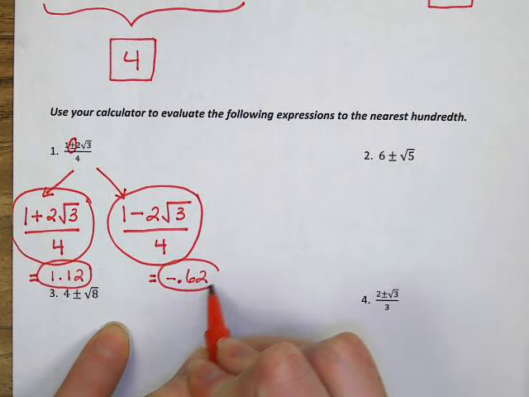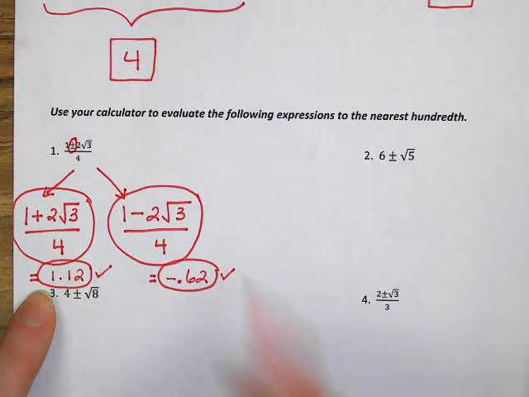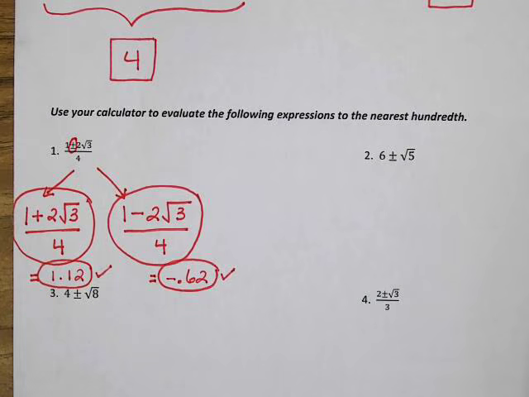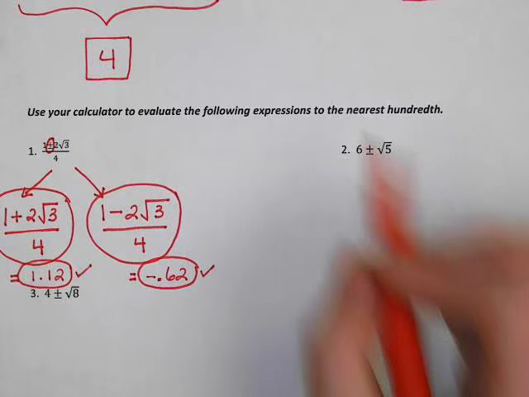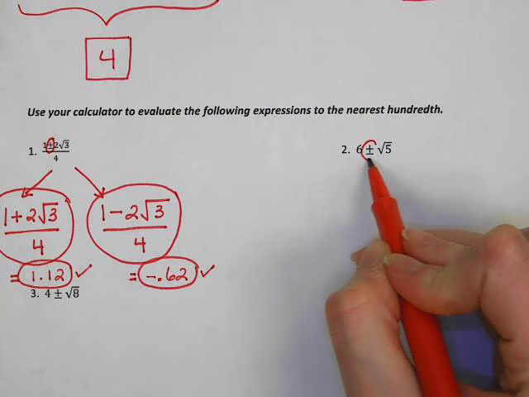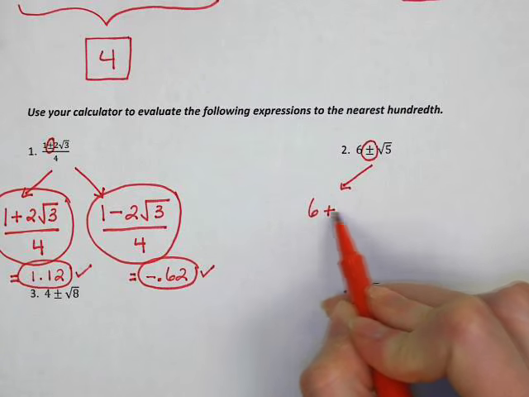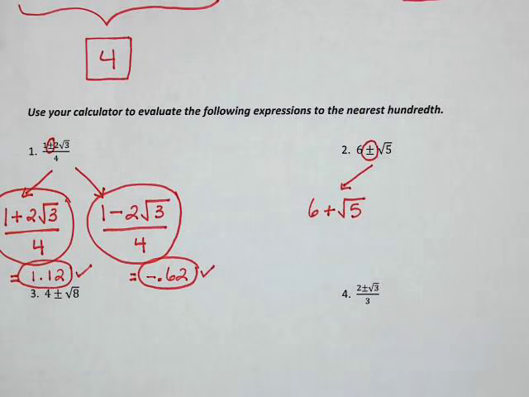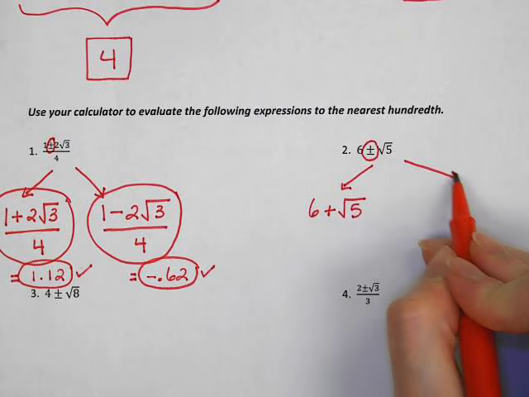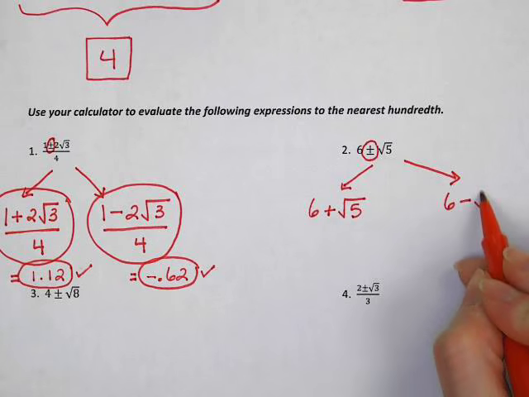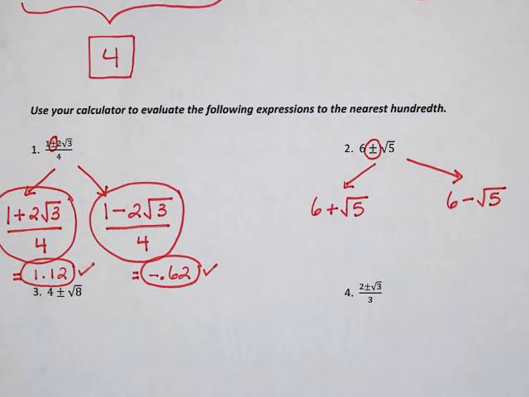So these are our 2 answers, this one and this one. Okay, so again on number 2, the plus or minus just means you do the problem twice. One of them is going to be with the plus version, and one of them is going to be with the minus version. So go ahead and type both of those in.